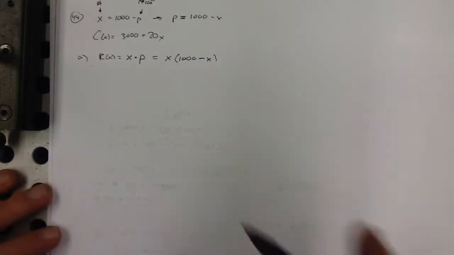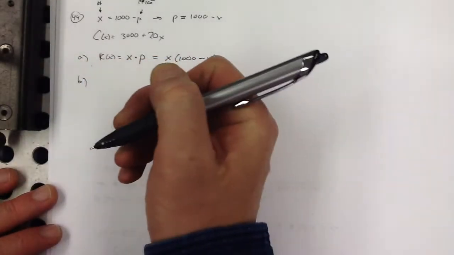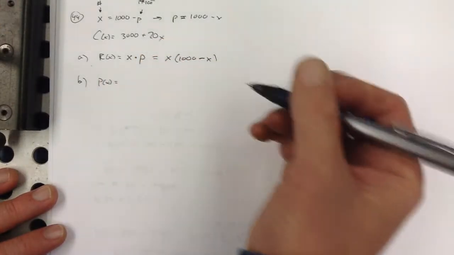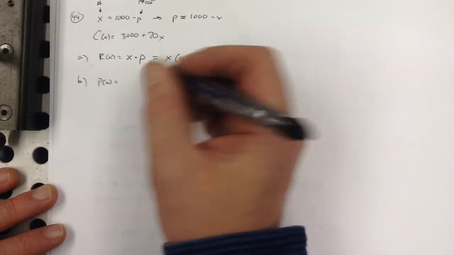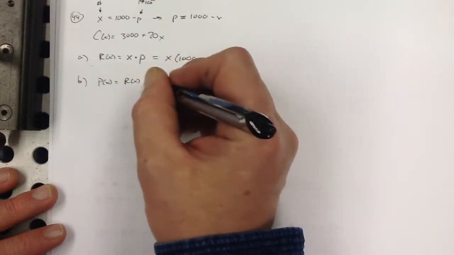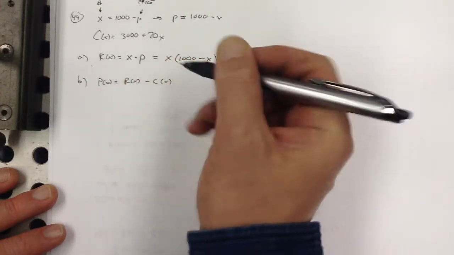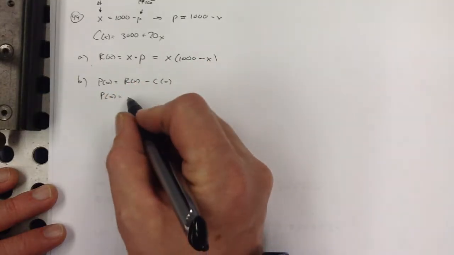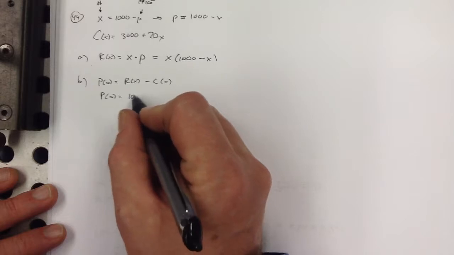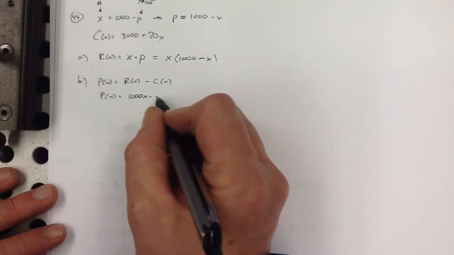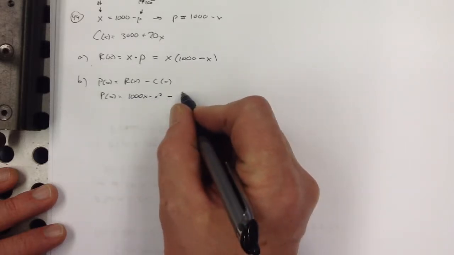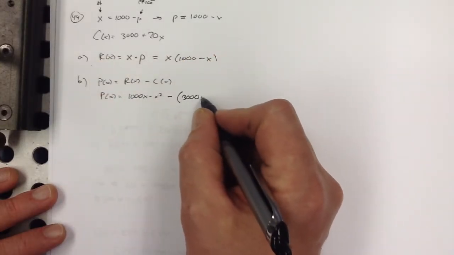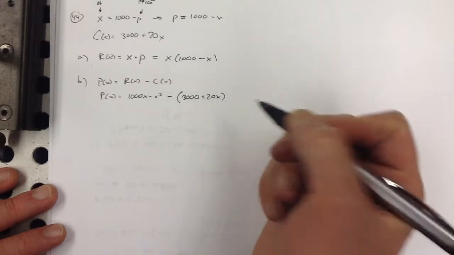Find the profit function. Well, profit is equal to revenue minus cost. So my profit function is the revenue function, which is 1,000x minus x squared, minus the cost function, which is 3,000 plus 20x.